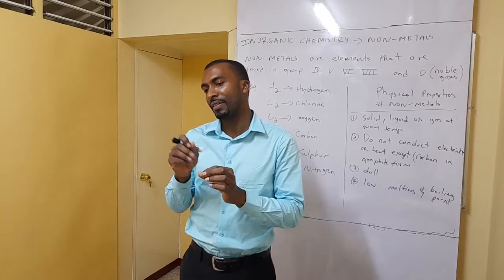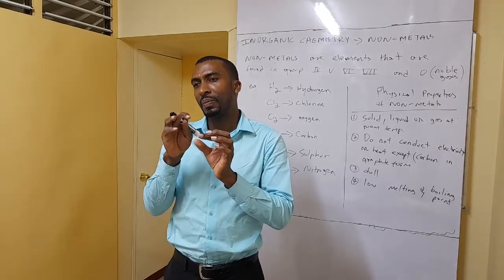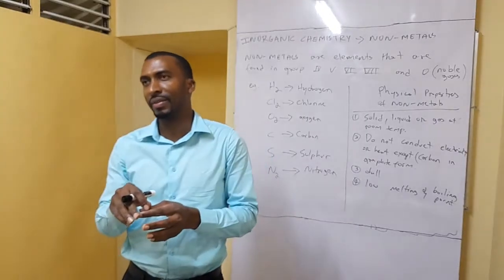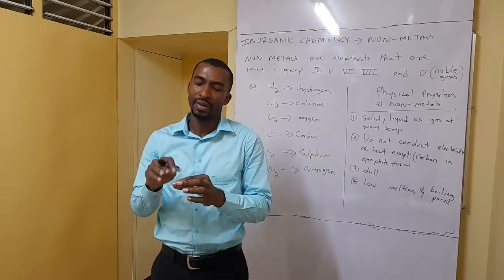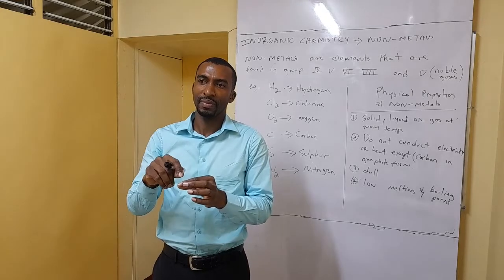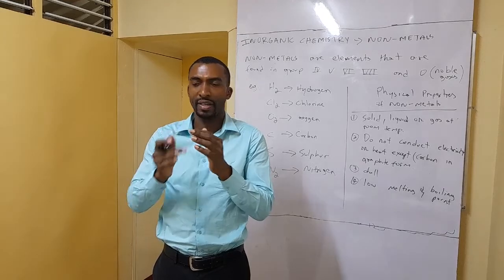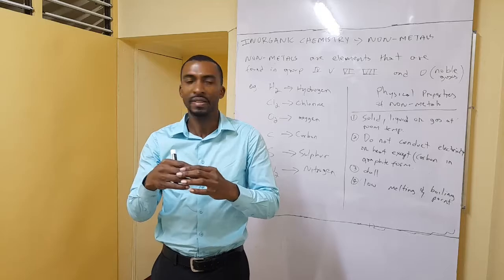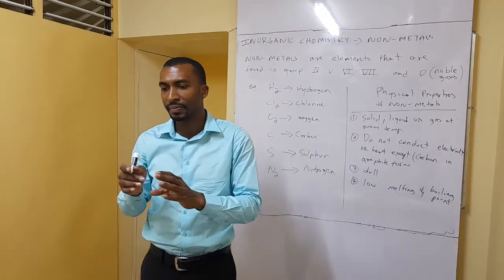For example, with liquid nitrogen, if you are boiling it from liquid to gas, it's not the nitrogen triple bond that you are breaking. You are just breaking the intermolecular forces between nitrogen molecules. That is why non-metals tend to have low melting and boiling points.